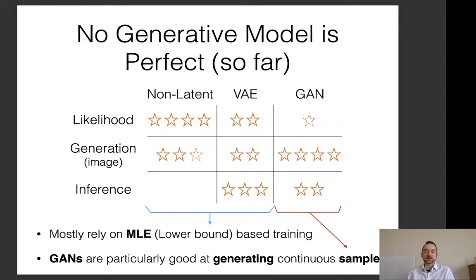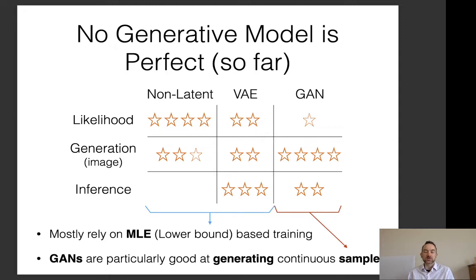VAEs get decent likelihood, but may not be as good as regular non-latent models. GANs are fundamentally not maximum likelihood estimation models, and thus are not super great at calculating perplexity or likelihood. On the other hand, when you're doing generation, particularly for things like images, GANs really shine, and there's a reason for this that I'll talk about soon. For inference of latent variables, VAEs tend to be a little more conducive to this, although GANs can be used for this as well.